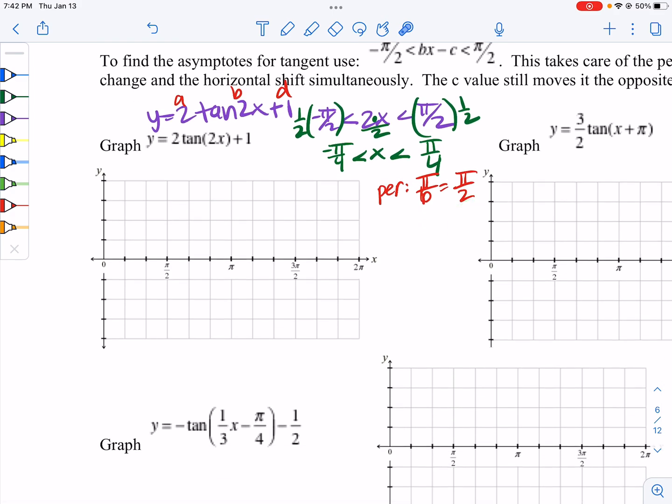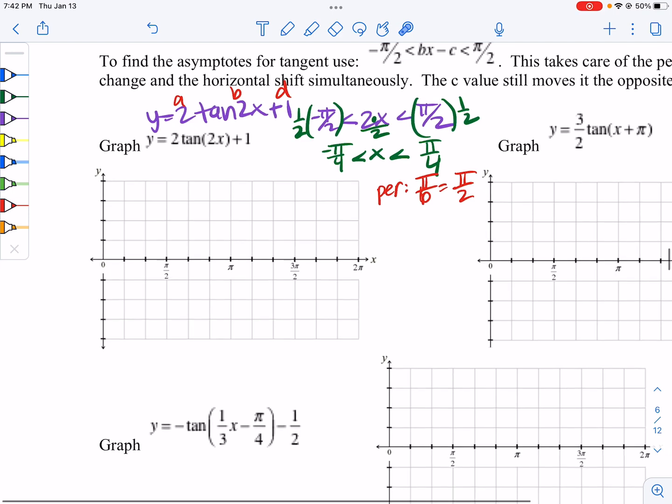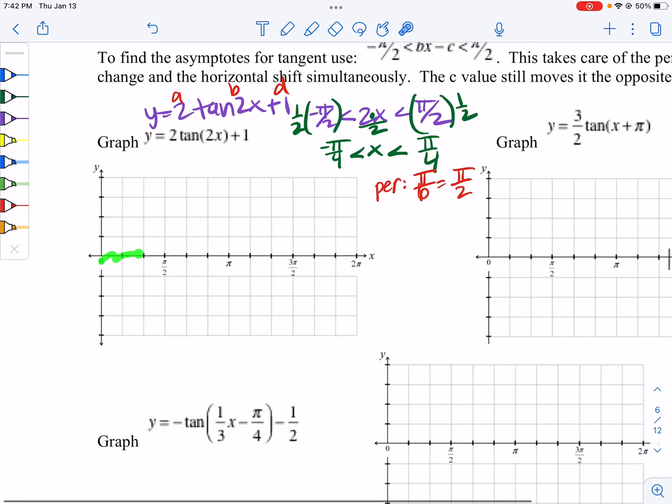So if I look at my scale here, I've got 3 tick marks as pi halves, so I want to go half that distance to get to pi fourths. If I'm going half of 3 tick marks, that means I'm going to go 1.5. So then this distance is going to be pi fourths. I need to make some tick marks going the other direction. So this would be negative pi halves. Oh no, I need 3 of them.